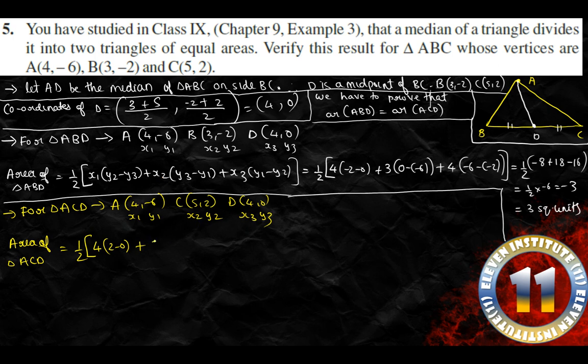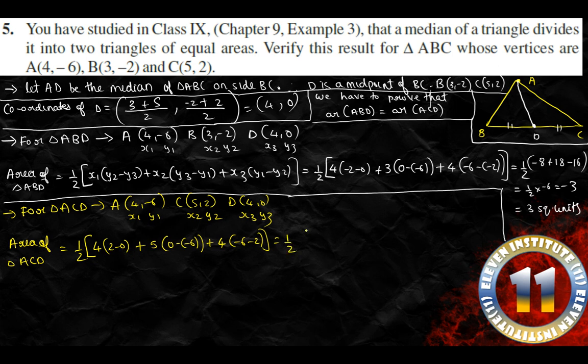h2 will be replaced by 5, y3 minus y1 so 0 and minus 6. So here we have 0 minus 6. Then we have h3 is 4. Then we have y1 minus y2 so minus 6 and 2. Right? 2 minus 0 is 2, 2 4s are 8.